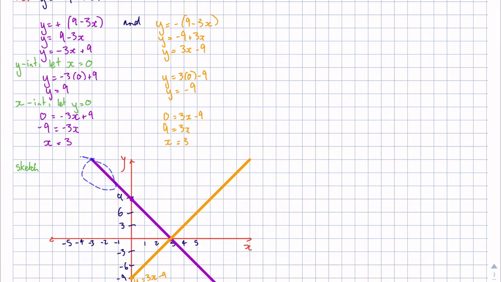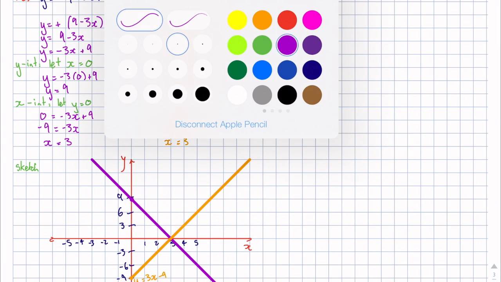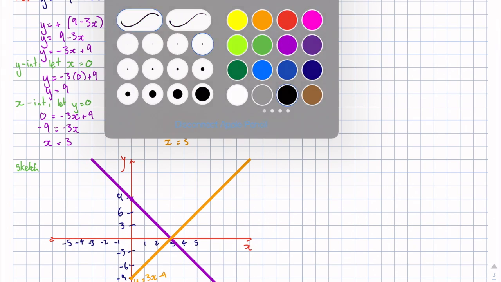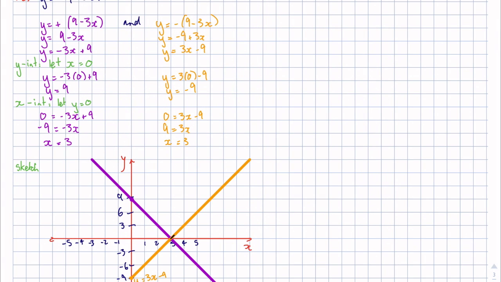Okay, that'll have to do. Because the absolute value function literally only wants the positive parts. So it's this bit and it's this bit.